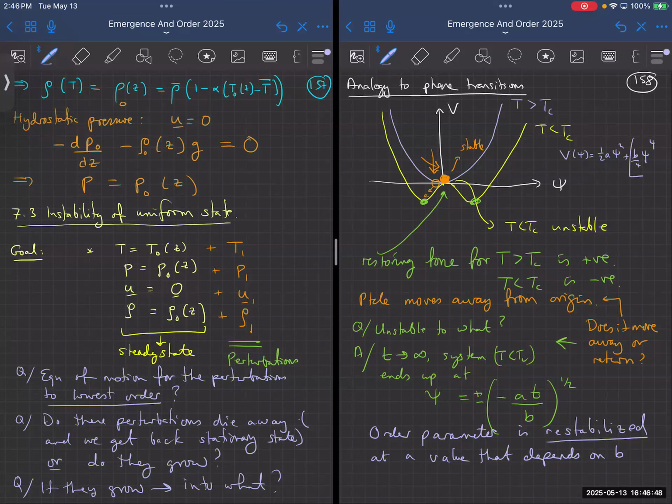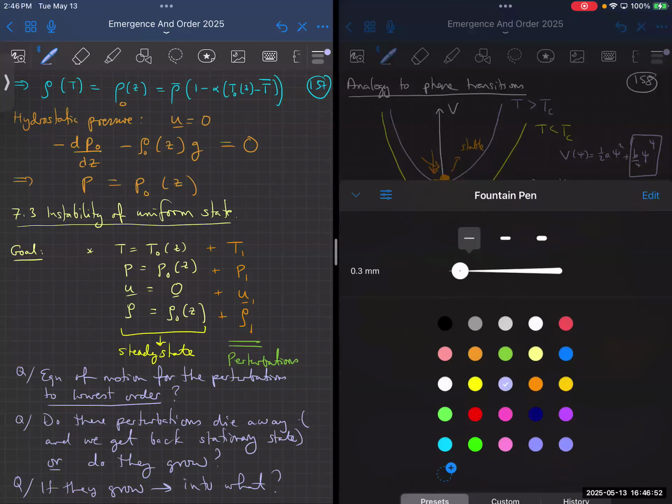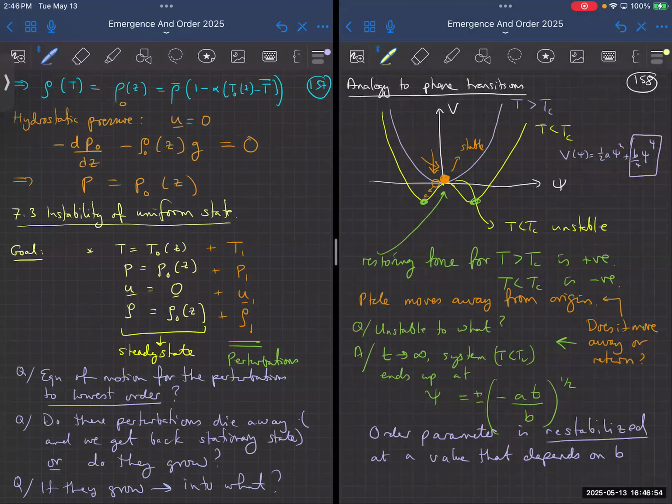Well, b is the coefficient of the psi to the fourth term, which controls the nonlinearities. So it's restabilized at a value that depends on b, i.e. it's restabilized by nonlinearities. So that's what happens in statistical mechanics.